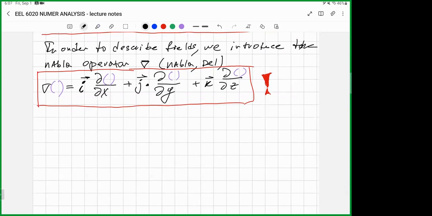And hence we have 3 different cases. Let's consider them. So the first case is when I apply it to a scalar function. So I basically plug in f into this empty parenthesis, right?